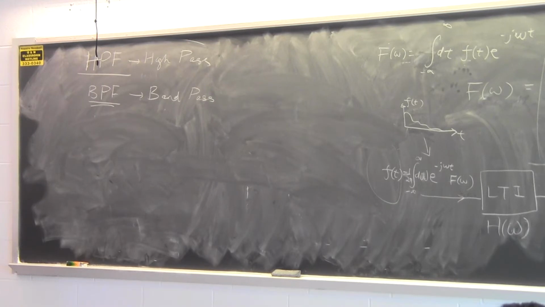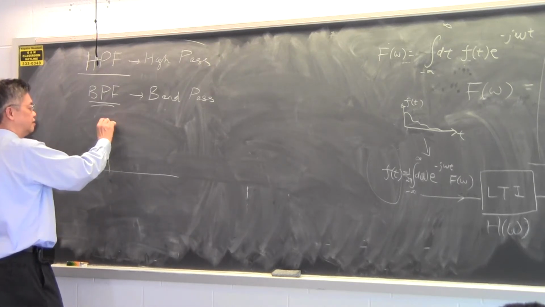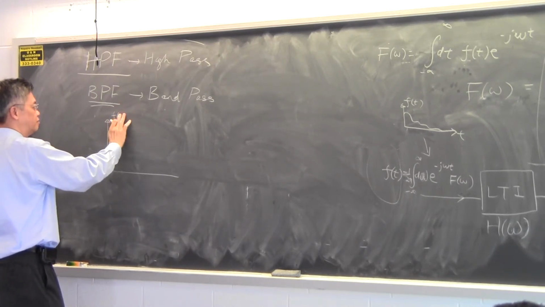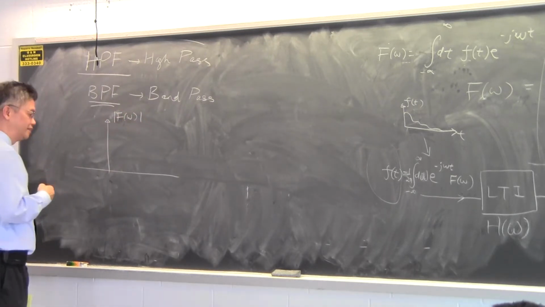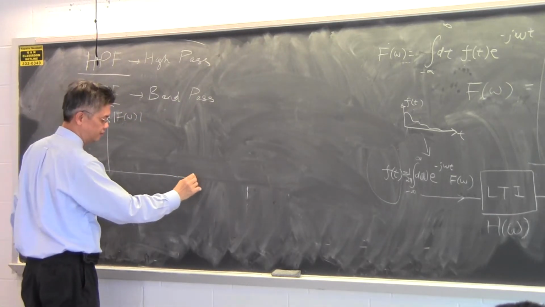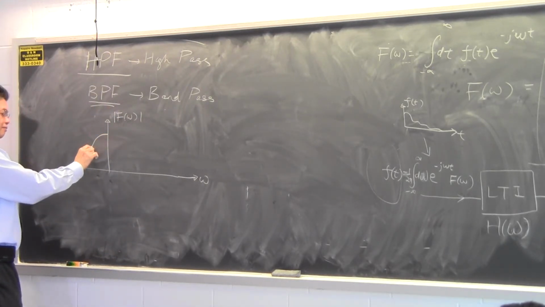So, then let's talk about a signal bandwidth. What is a signal bandwidth? Say if we have a signal F of omega, I can only plot its magnitude because I cannot plot the phase, or I do not like to plot the phase, then the signal might look something like this.